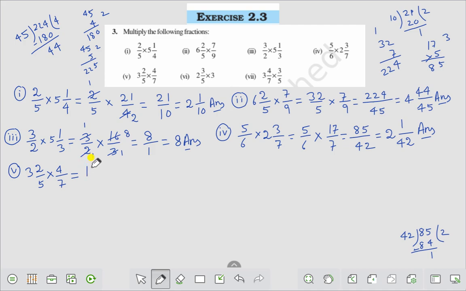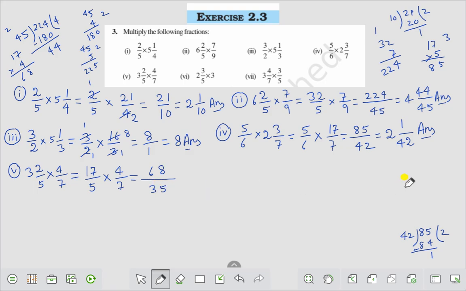That is 17 by 5 into 4 by 7. Then multiply the denominators, 5 7s are 35, and multiply 17 with 4. 4 7s are 28, 4 1s are 4, 6, 68. That is 68 by 35.